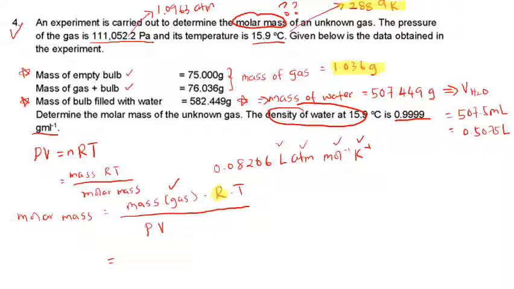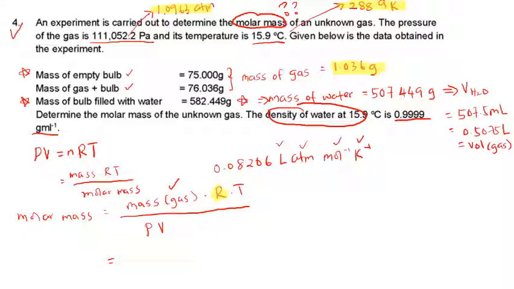Pressure given is 111052.2 Pascal. After conversion it is 1.093 atm. The volume of the water is considered the volume of the gas as well. Why do we consider it like this?